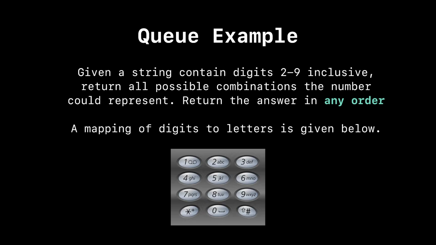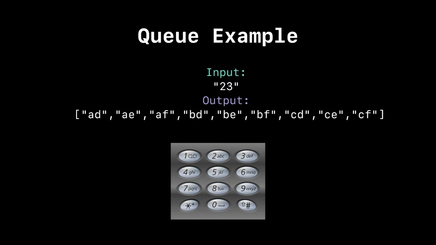So you might not understand this question right now, but let's look at a quick example of what's happening. Let's say we had the input 2, 3, so 23. Well, the output could be AD, AE, AF, BD, BE, BF, CD, CE, CF.